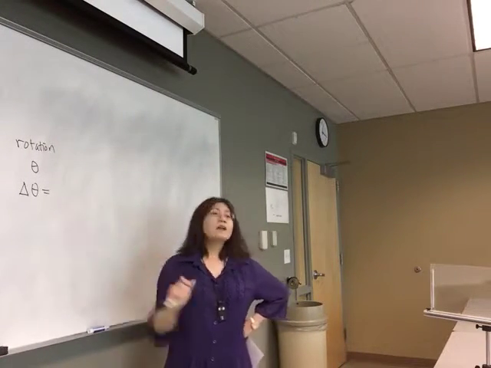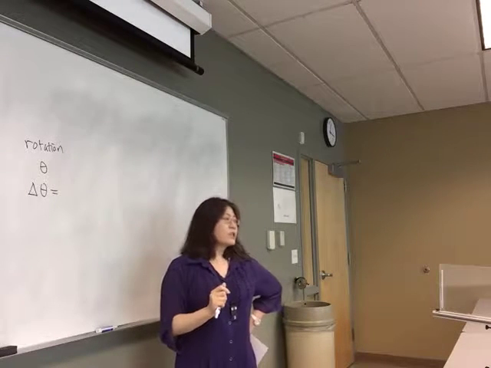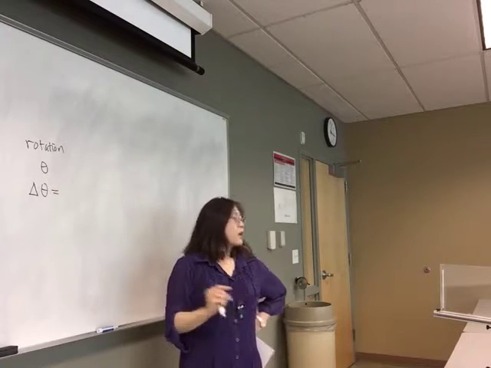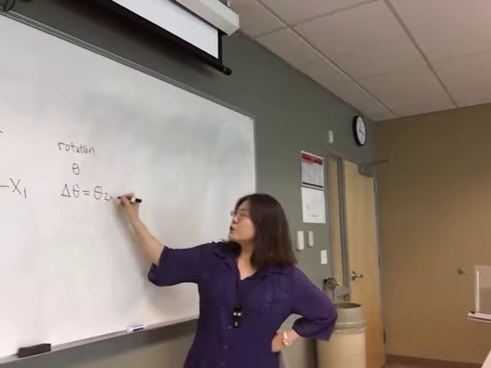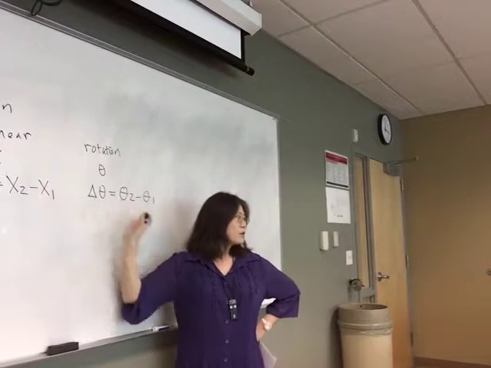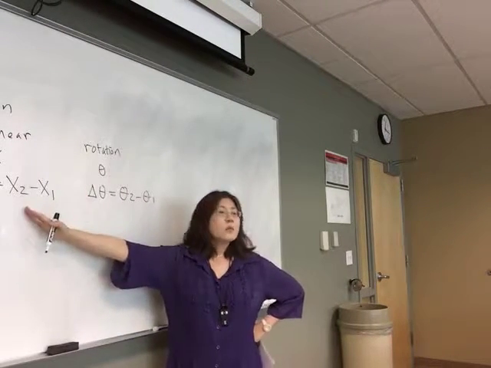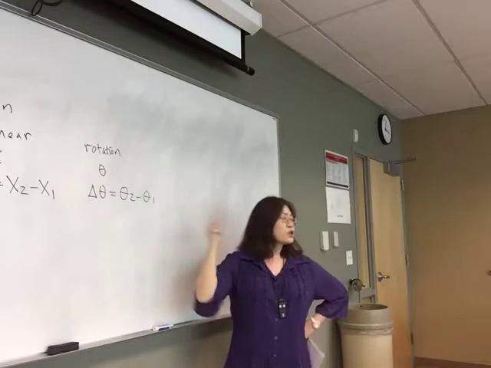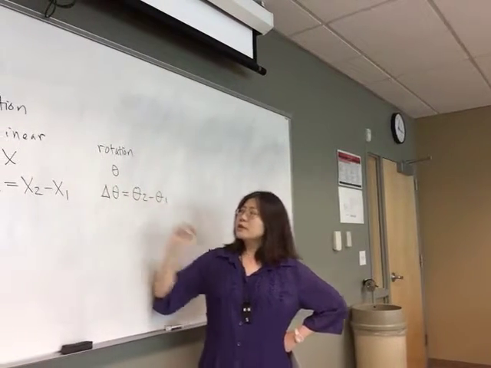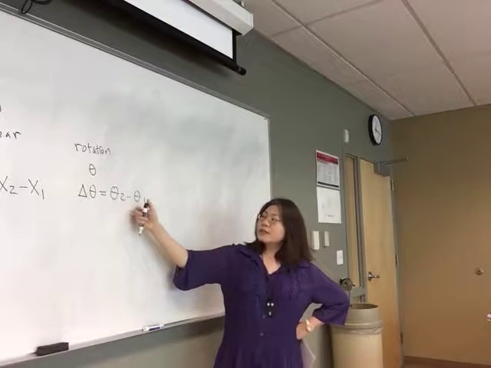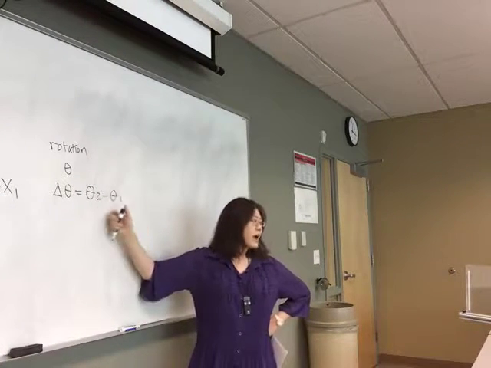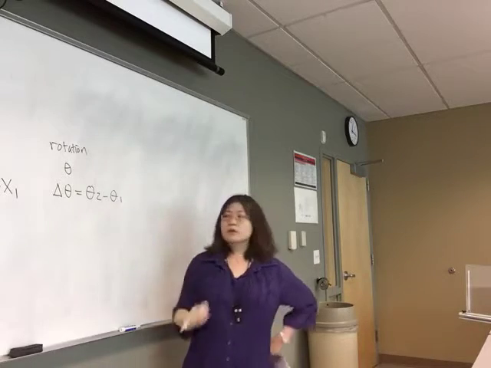So how do you find delta theta, the angular displacement? That will be theta 2 minus theta 1, right? You can see there's a direct one-to-one translation. This is for linear motion, and this is when you have rotation. They are exactly the same. This describes linear motion, this describes rotation. So the angular displacement would just be the final angular position minus the initial angular position, okay?